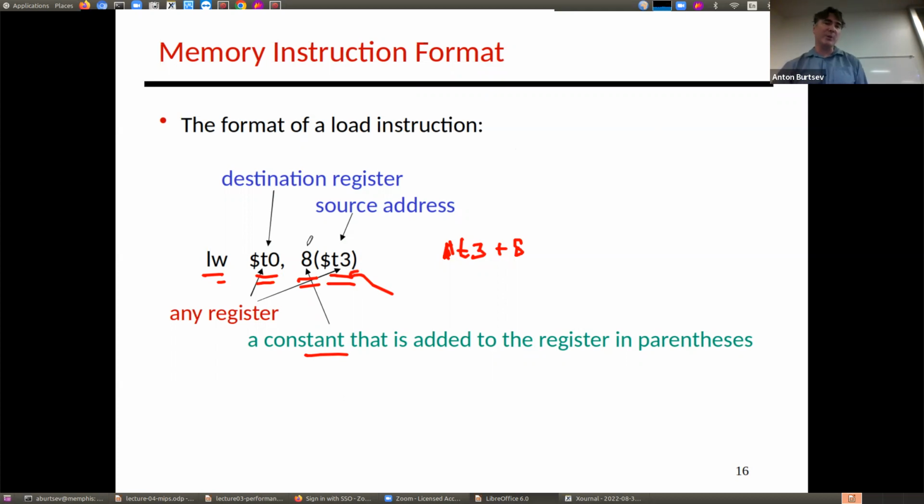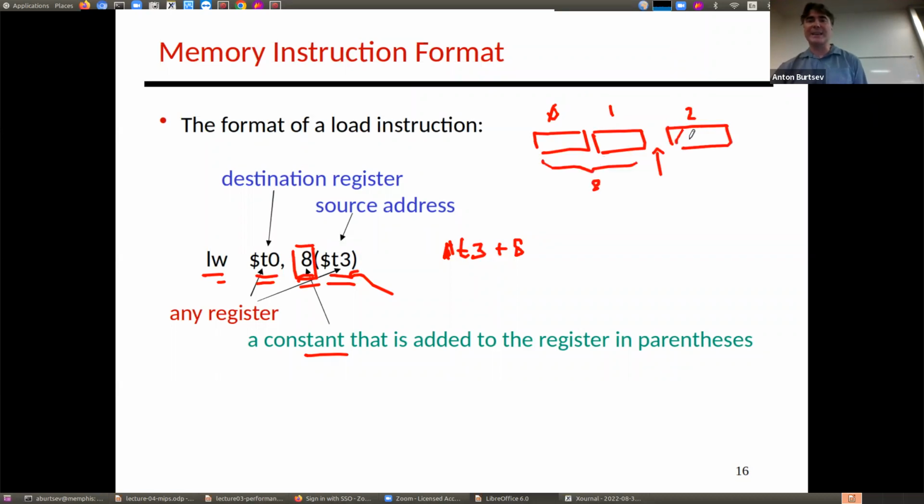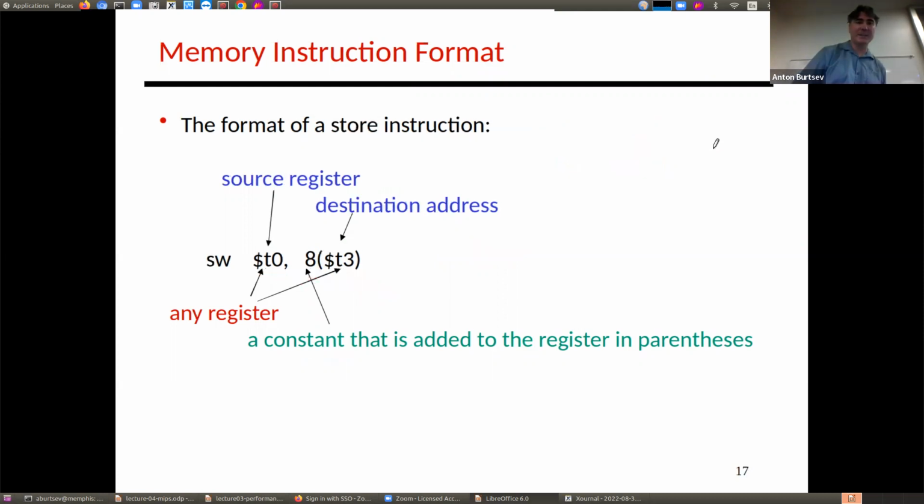If each element of the array is 4 bytes, and this one is element 0, this one is 1, and this one is 2, which is at offset 8, you are accessing element number 2. Agree? And it's the same with the store instruction as well. You can put a constant here, and it can actually be a negative constant as well.